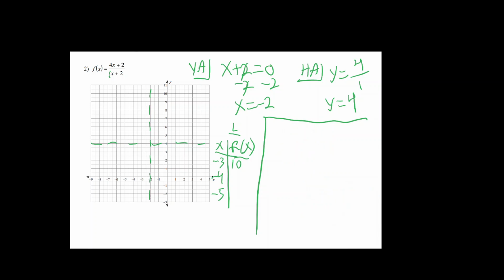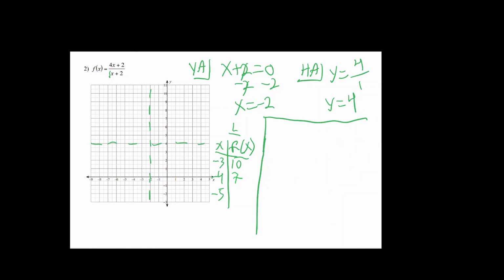Now let's test out -4. 4 times -4 plus 2 all over -4 plus 2. This is -16 plus 2 all over -2. And now that becomes -14 divided by -2, which is just +7.